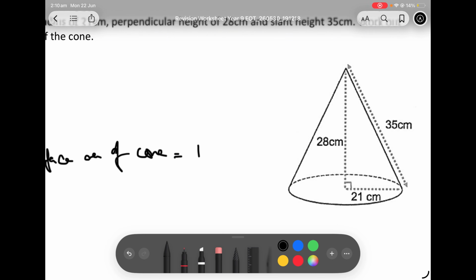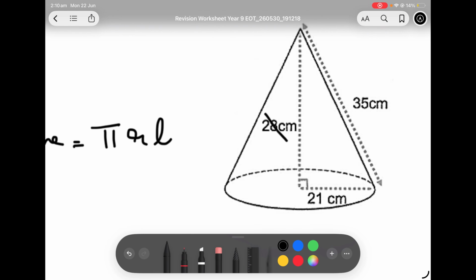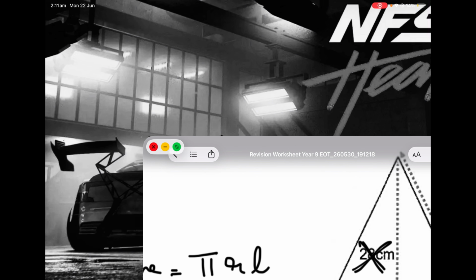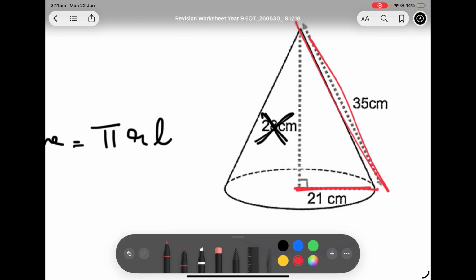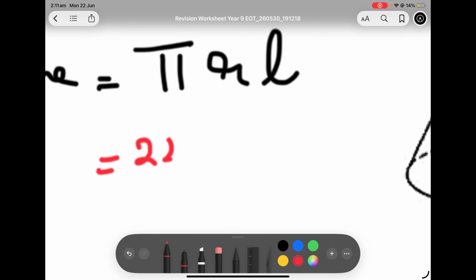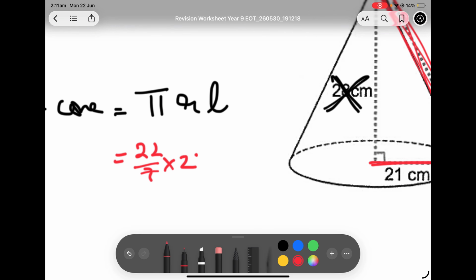Surface area formula is pi r l. Now what is the l? You do not take into consideration this 28 for the surface area of the cone. You have to take the slant height into consideration. So pi is 22 over 7, r is 21, and l is 35.